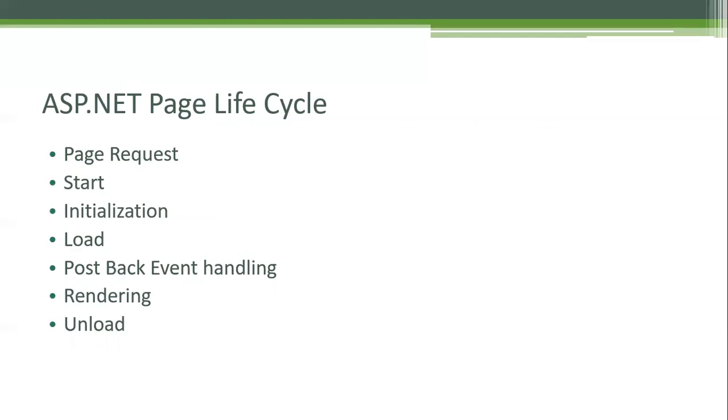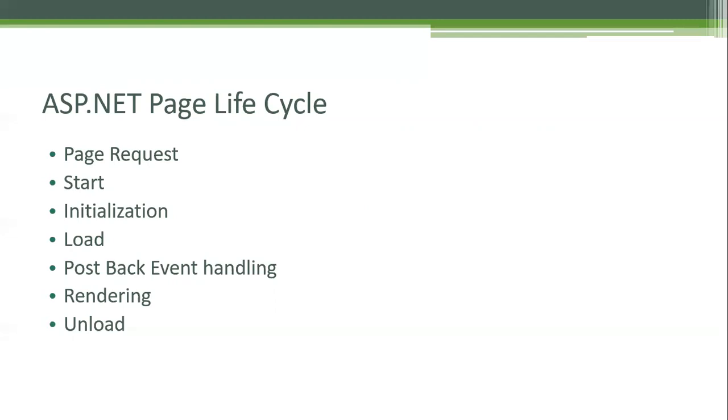Okay. Start stage, what will it do? During the start stage, page request and response objects are set. And it determines whether the page request is a first request or a postback request. According to that, it will set the IsPostBack property of the web page. Okay.